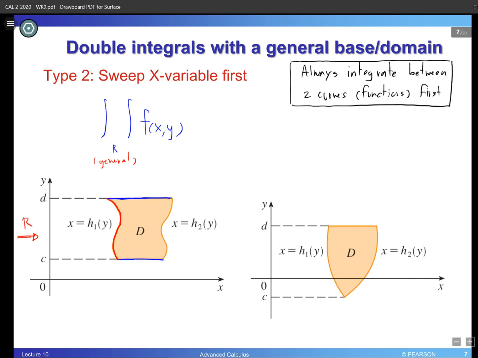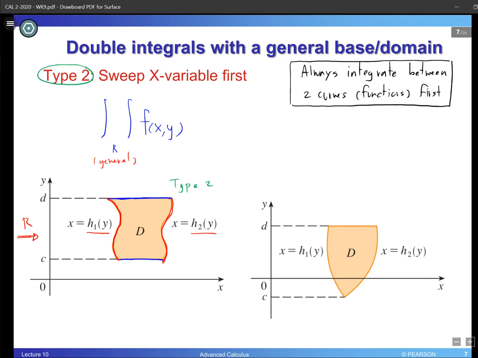The one on the left hand side is defined by this function of y, h1, and the one on the right hand side is h2 as a function of y. You see this right away. From the definition that we learned earlier, this is definitely type 2.